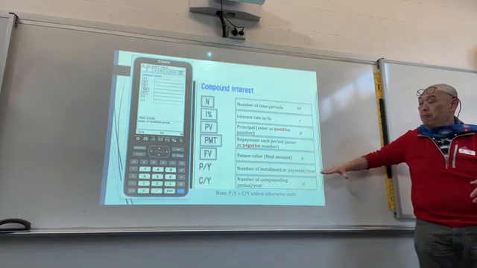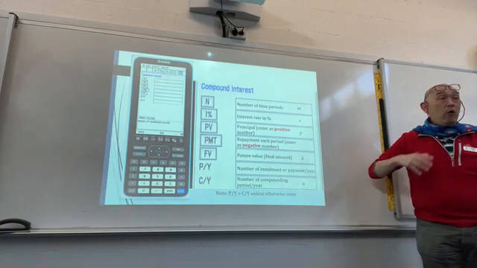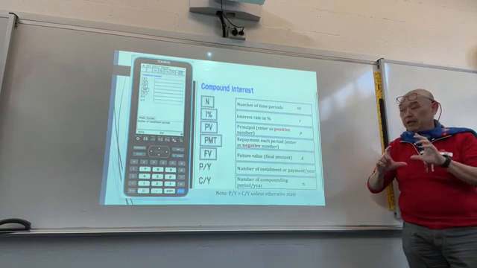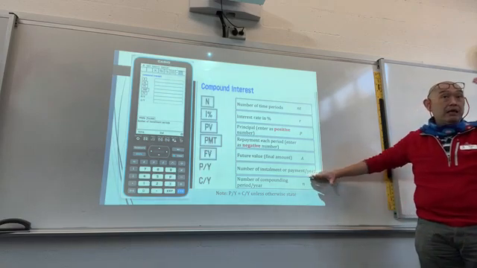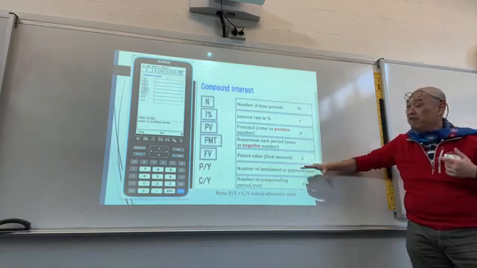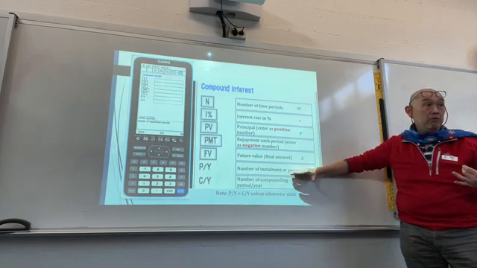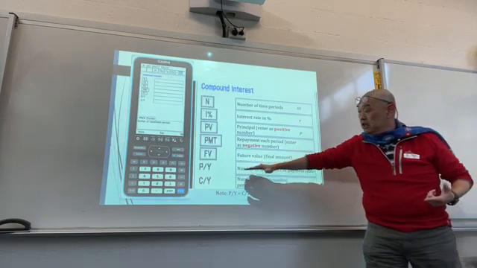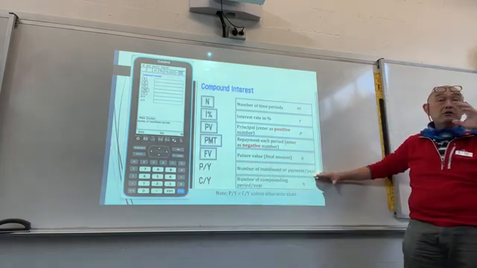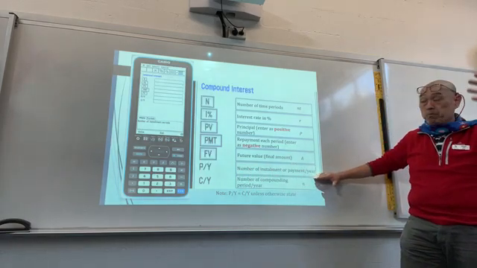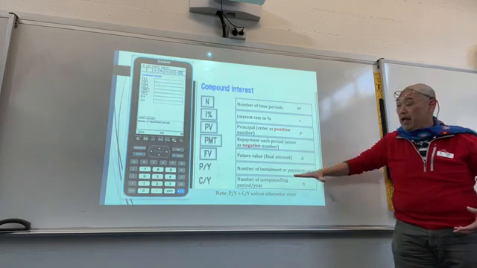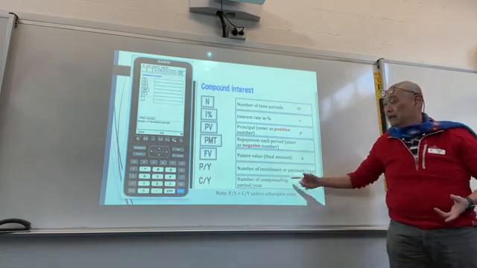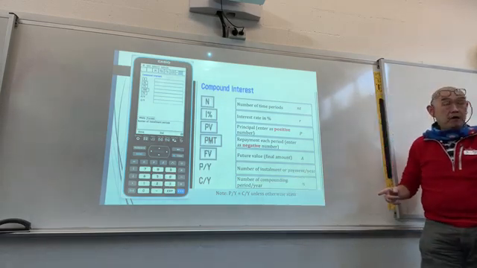For example, in a lot of loans, the real life situation is that the loan is compounded annually, but you are paying it back monthly. So you will have different CY and PY. Real life application again. At this stage, PY could be 12 because it's monthly, and CY is 1 because the interest is calculated yearly.